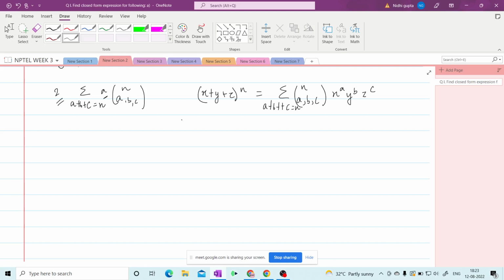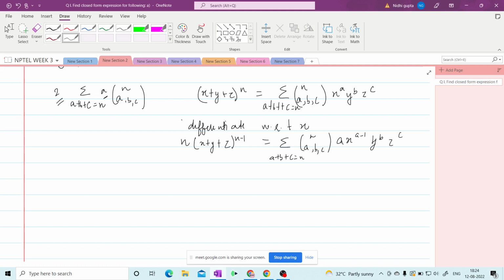If we differentiate with respect to x, the expression that we'll get here will be n times x plus y plus z raised to the power n minus 1, and here we'll have the sum over a plus b plus c equal to n of n choose a, b, c, a x to the a minus 1, y raised to the power b, and z raised to the power c.